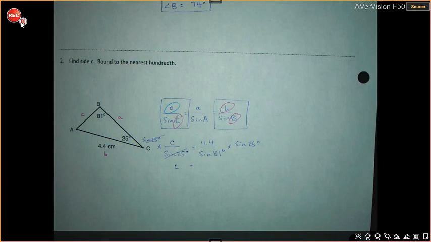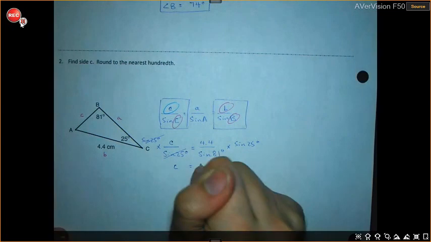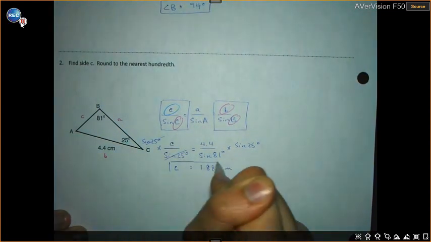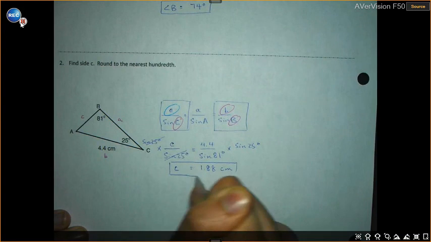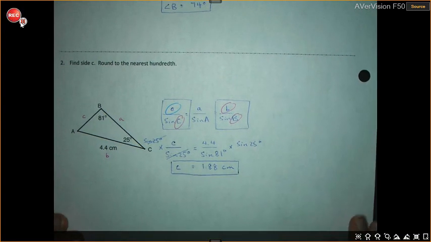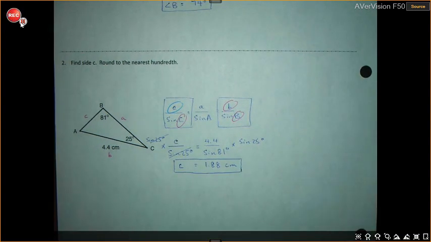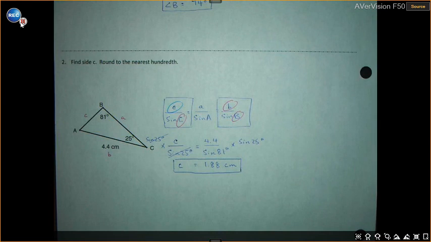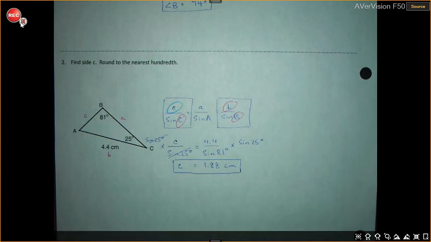To 2 decimal places, I will get approximately 1.88 centimeters. This one I don't have to do inverse because we're looking for a side, we're not looking for an angle. So this is just an example of how to find a side using the sine law.